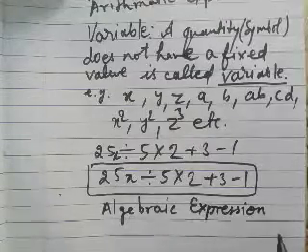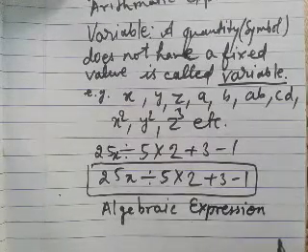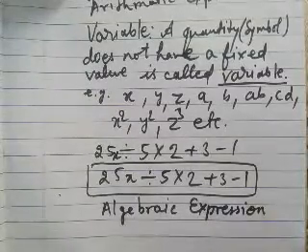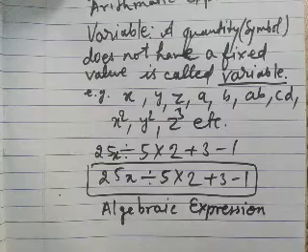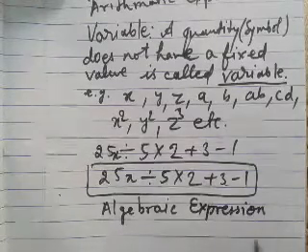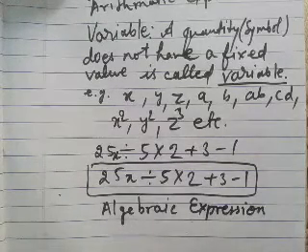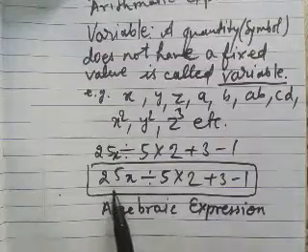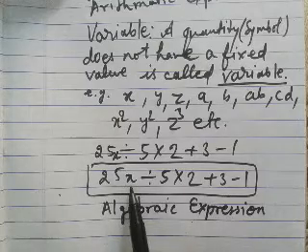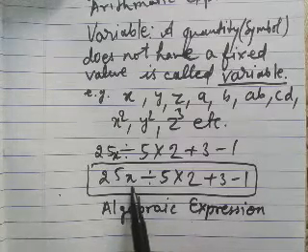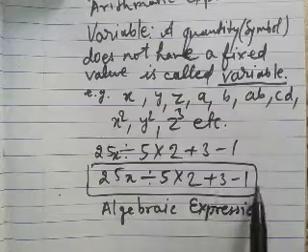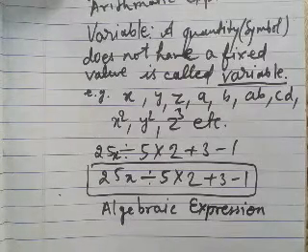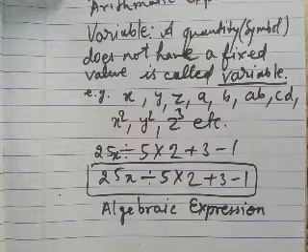So the basic difference between an algebraic expression and an arithmetic expression is that in an arithmetic expression, only fixed values, meaning constants, are related with the mathematical operations, but in an algebraic expression, fixed values and some variables are used with mathematical operations.